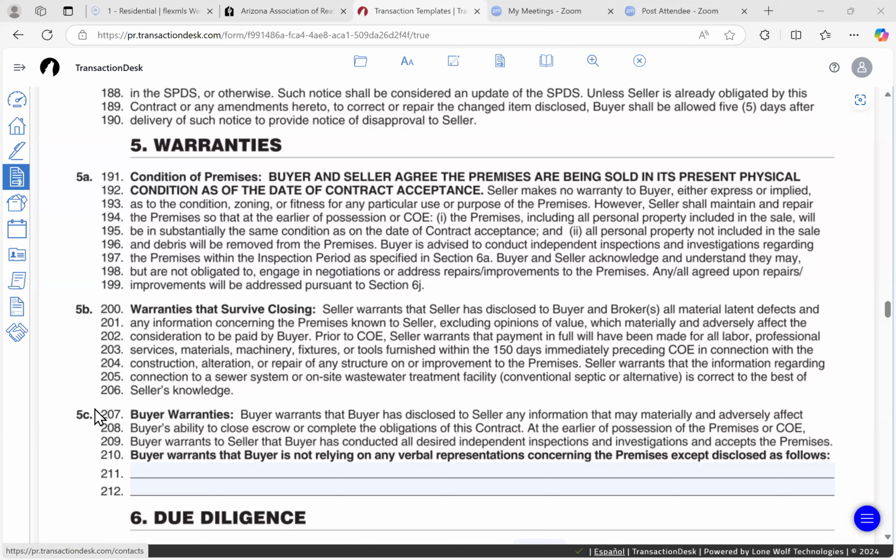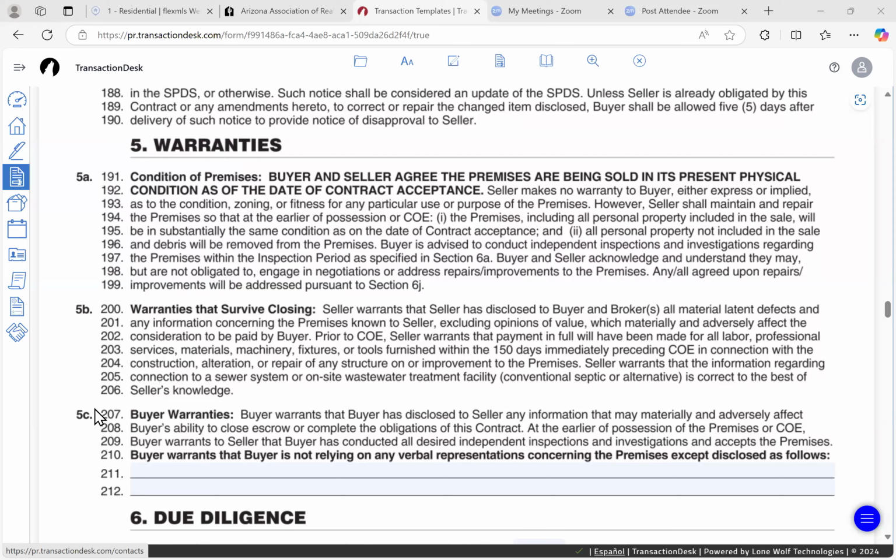Buyer is advised to conduct independent inspections and investigations regarding the premises within the inspection period as specified in section 6A. Buyer and seller acknowledge and understand they may, but are not obligated to, engage in negotiations or address repairs or improvements to the premises. Any and all agreed upon repairs or improvements will be addressed pursuant to section 6J.